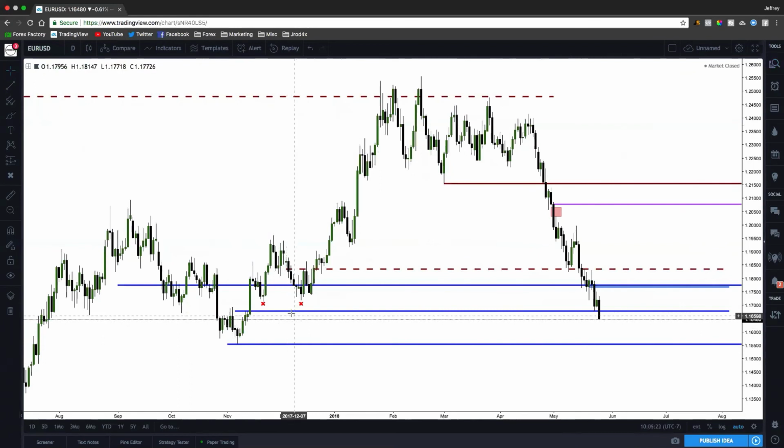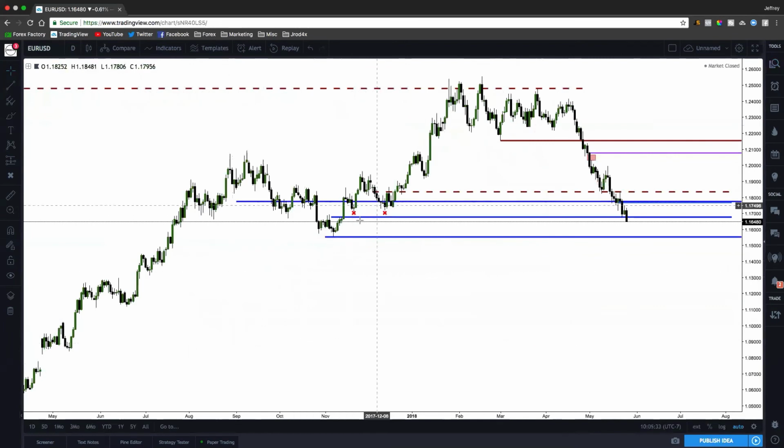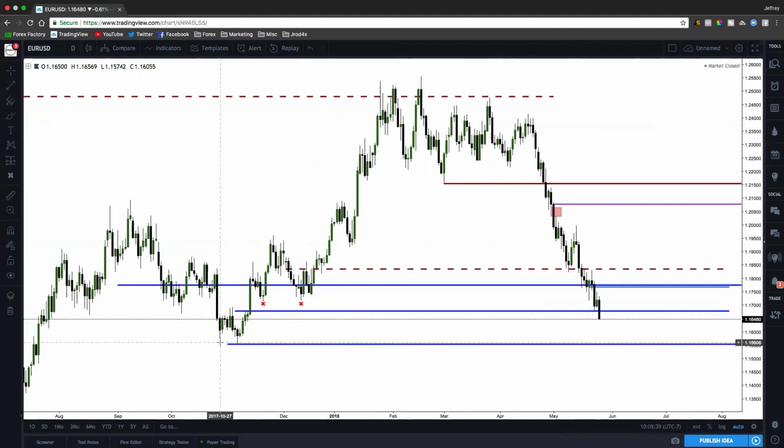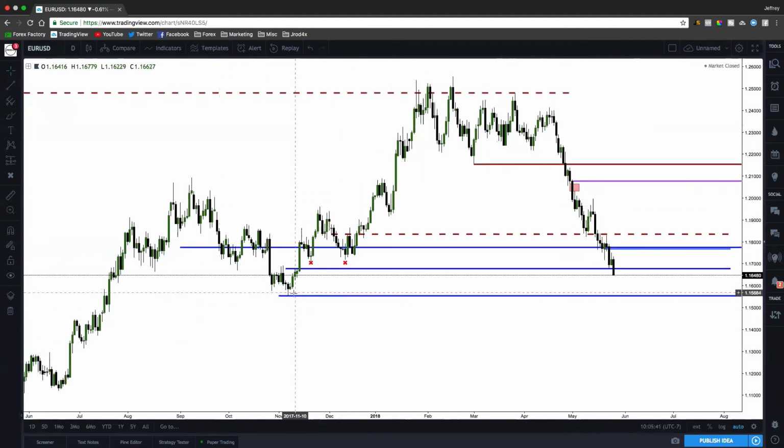If we're expecting the dollar index to push up to continue to take out those equal highs, we're expecting Euro dollar to continue lower below this low here, which would create a lower low on the daily time frame. So once we get below there, will we start to reject and push up, or is it going to be a trend continuation?